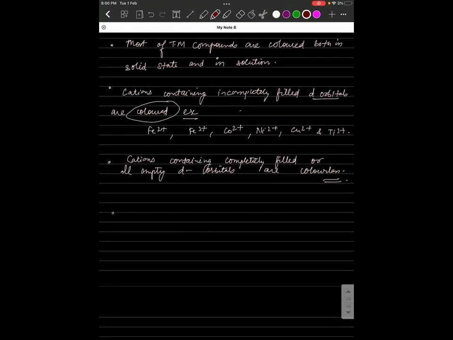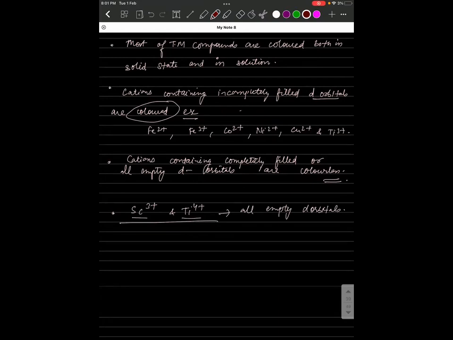Now, the third point is Sc3 positive and titanium 4 positive. What will be the configuration for this? It will acquire the noble gas configuration, this also and this also. That means they have all empty d orbitals, so they'll be colorless.